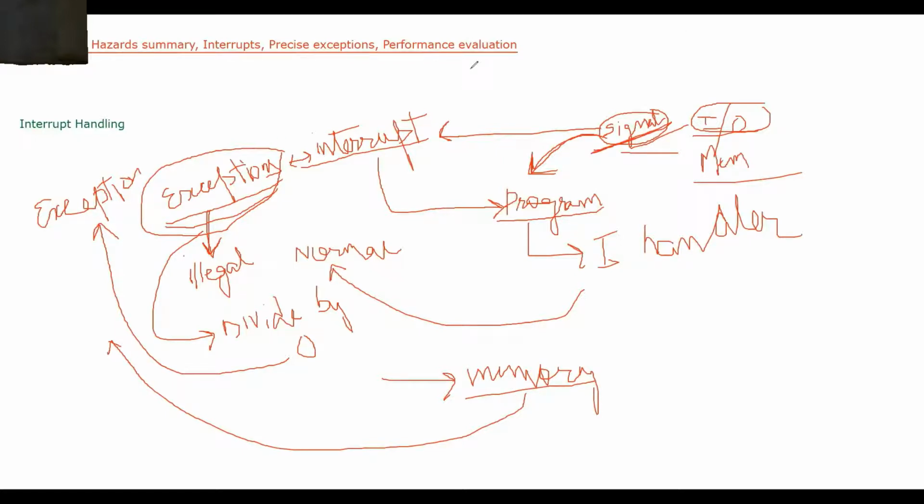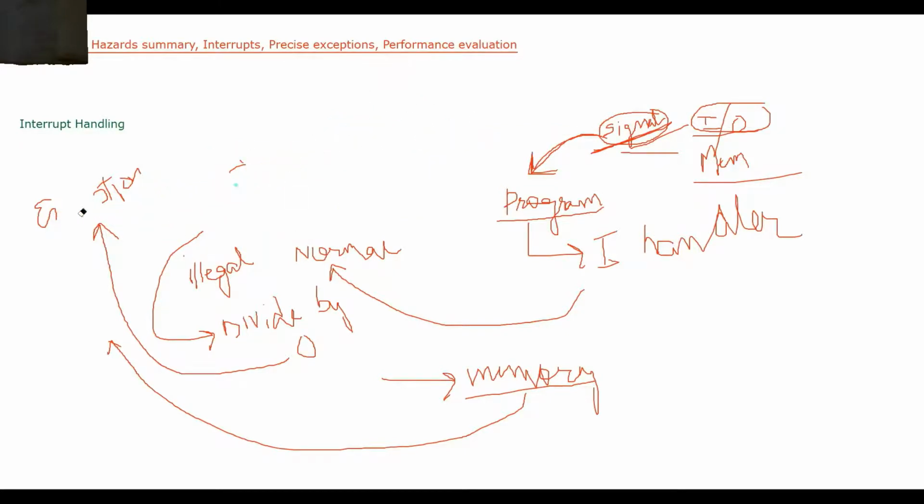Now we have to see how we can handle interrupts and exceptions. Let's only discuss one here, interrupt, because that will also apply to exceptions. So how is our processor going to handle interrupts and exceptions?